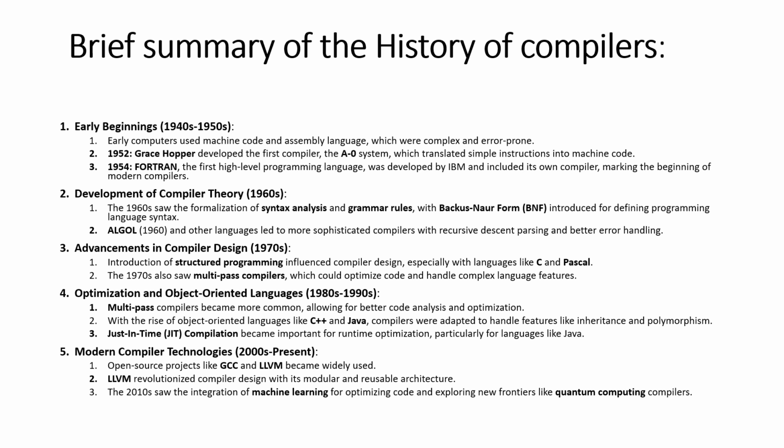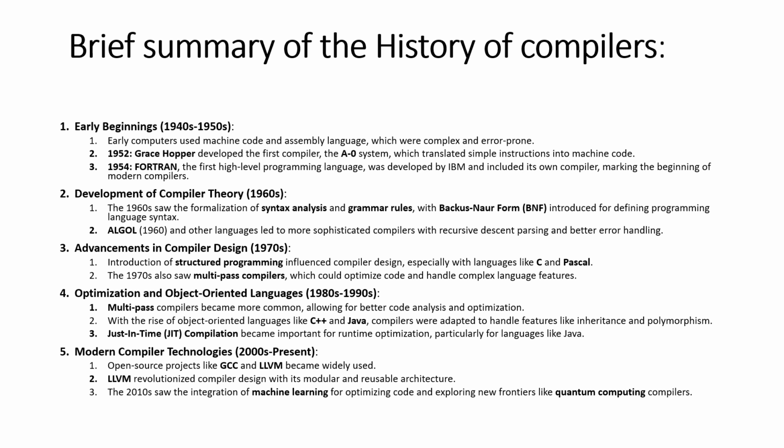After that, many compilers were developed, like in the 1960s for ALGOL and other programming languages, which led to more sophisticated compilers and better error handling. Then in 1970, structured programming was introduced, and compilers were designed to handle complex language features and optimize code.